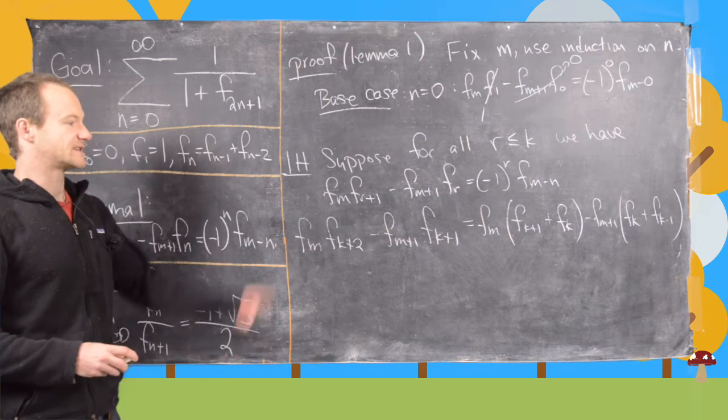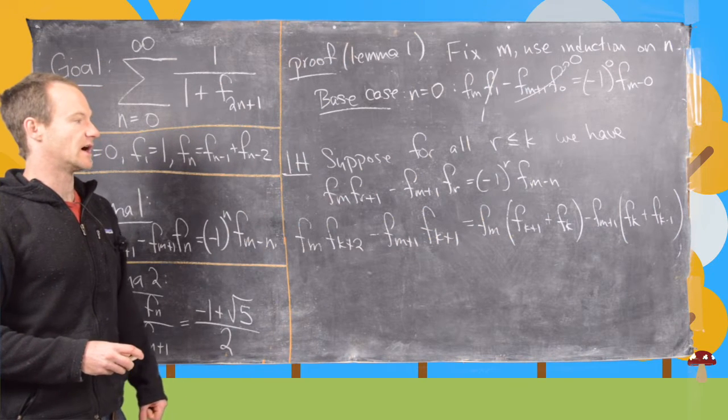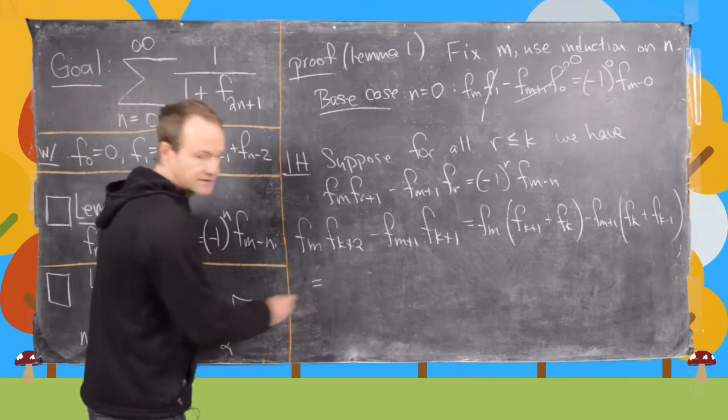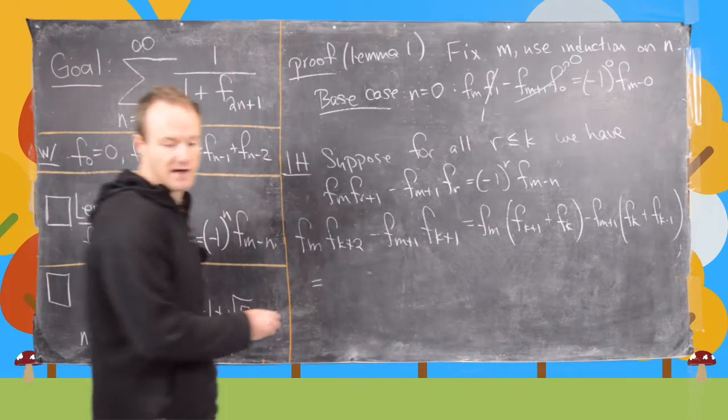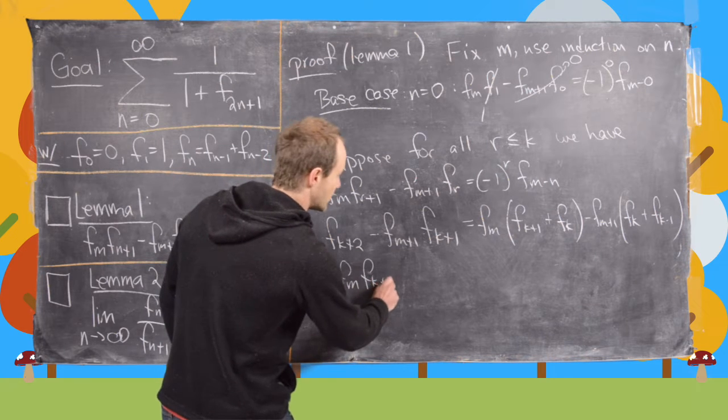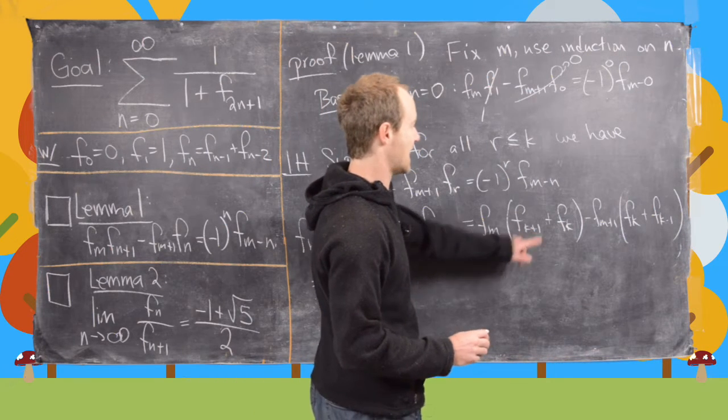Fantastic. Now we'll rewrite those things, reorder them a little bit, as follows. Let's write this as f_m f_(k+1) minus f_(m+1) f_k, so that would be that term and that term.